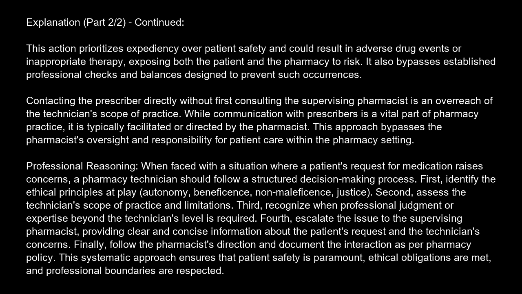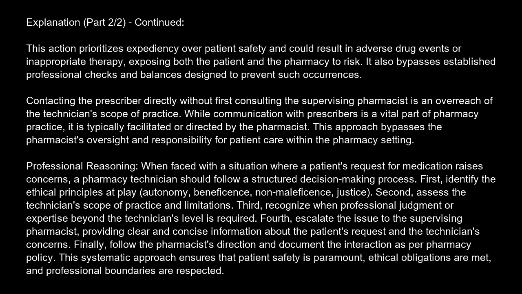Professional reasoning. When faced with a situation where a patient's request for medication raises concerns, a pharmacy technician should follow a structured decision-making process. First, identify the ethical principles at play: autonomy, beneficence, non-maleficence, justice. Second, assess the technician's scope of practice and limitations. Third, recognize when professional judgment or expertise beyond the technician's level is required.